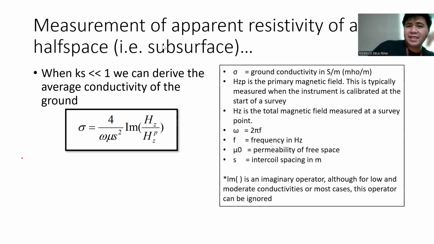So generally, Ks is a function of your spacing and your conductivity.